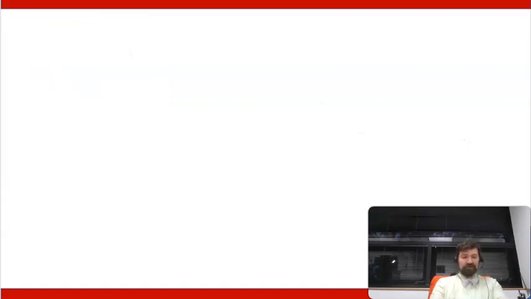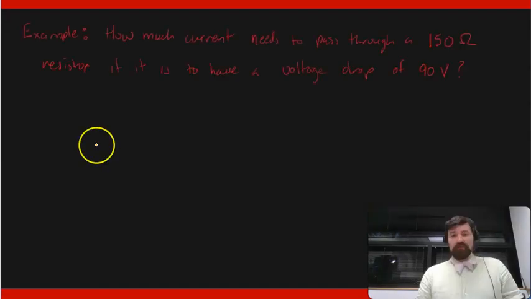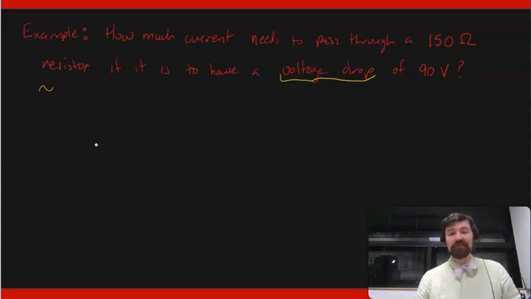Let's do a quick example. All right, so here's an example which asks how much current needs to pass through a 150 ohm resistor if it is to have a voltage drop of 90 volts. Now note that I've used the word here, voltage drop. This is, again, the same thing as a potential difference.